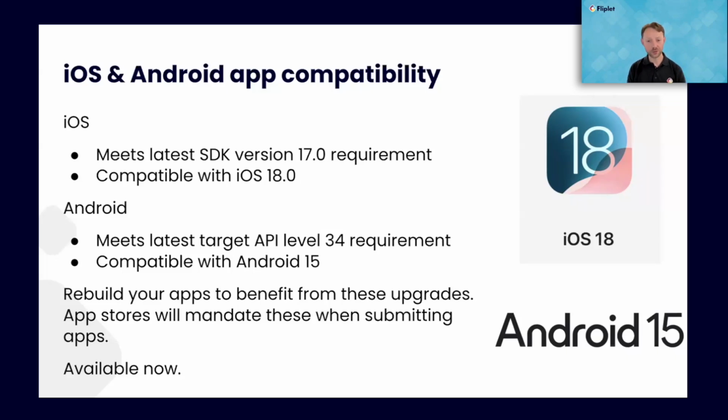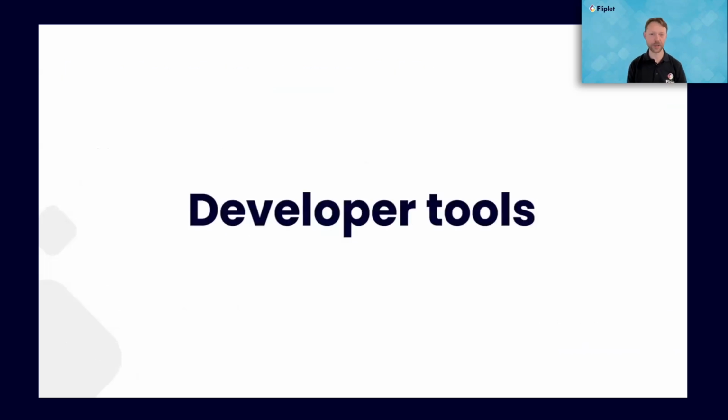It's critical that you will need to rebuild your apps anyway, because the app stores will stop supporting apps built with old SDKs. So if you haven't updated your app in a while, it might be a good opportunity to do it. There's also other performance benefits, particularly correlated to the latest operating systems on iOS and Android, which your app will benefit from by upgrading.